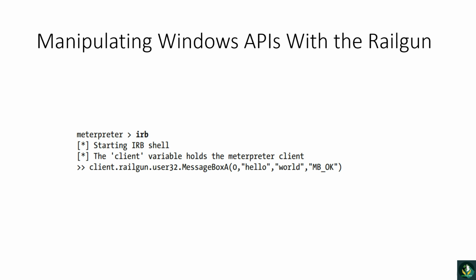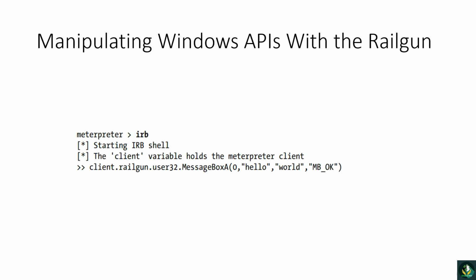For example, in the following listing you will drop into an interactive Ruby shell available through Meterpreter. The IRB shell, which is the Ruby shell, allows us to interact directly with Meterpreter through Ruby-based syntax. We will call Railgun in the example and create a single pop-up box saying hello world.